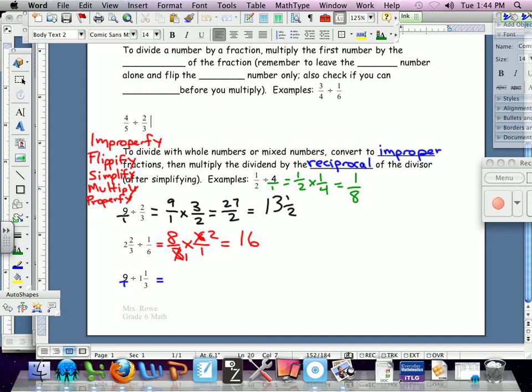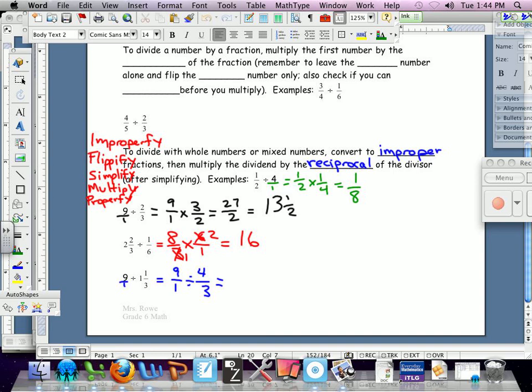So what am I going to have as an equivalent division problem? Yes, sir? 9/1 divided by 4/3. Someone looking at your work has to know that you know that 1 1/3 is equivalent to 4/3. They have to be able to follow your logic and follow that step.